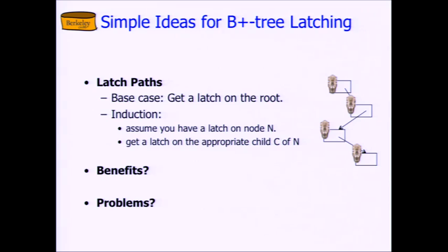And then when you pick the child, you request a latch on it. So this is good. The obvious benefit is that no one will mess with your pages. If you've got all those latches, then you know you've come to the right leaf in the B tree, and no one's going to split the pages you've been on. So if you need to split them, you can. Right? Okay, what's the problem with this?